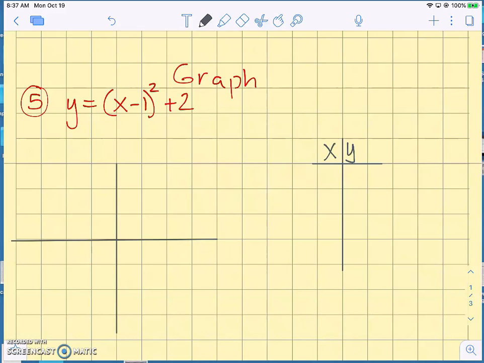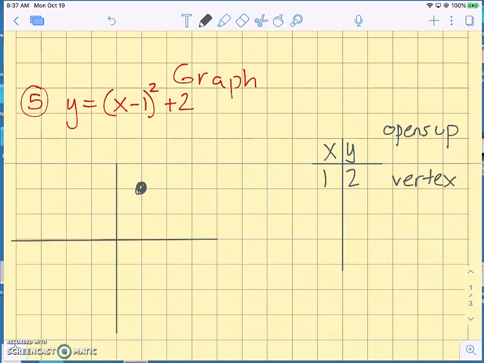Our vertex moved to the right 1 and up 2, so (1, 2). That's our vertex, and we know it opens up, so that's our bottom.